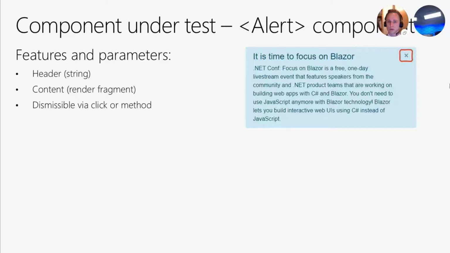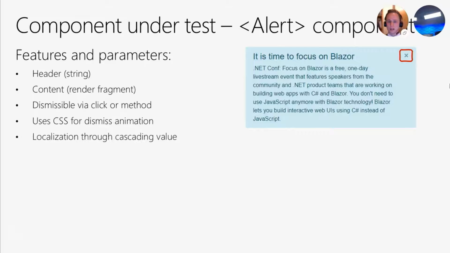It allows us to dismiss it by clicking on the X at the top right corner, or through the dismiss method on an instance of the alert component. It uses CSS animation to fade the alert away when it's dismissed, and after the dismiss animation is done, all the markup will be removed from the DOM.